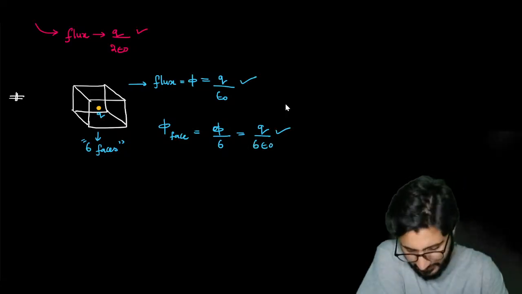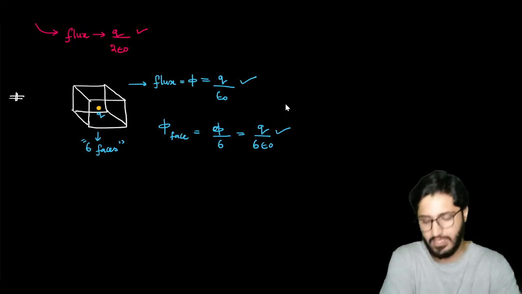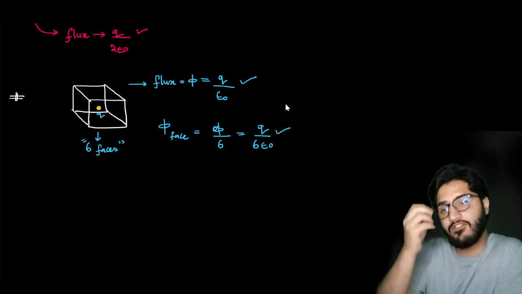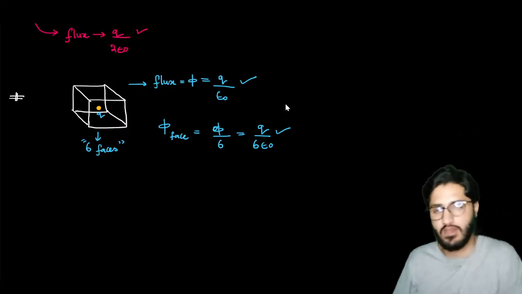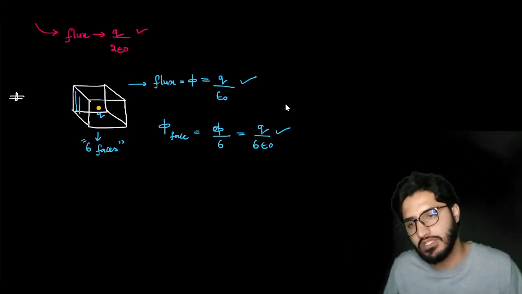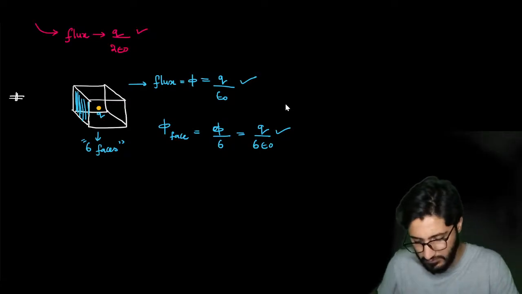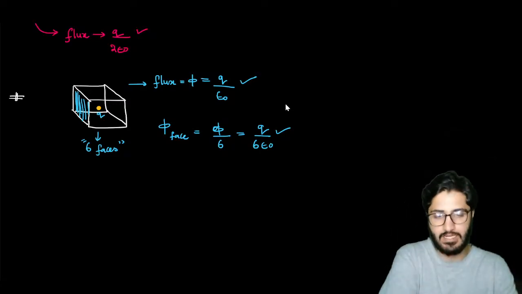My total flux divided by the number of faces gives the flux through each face. So the flux through this one shaded portion is Q by 6 epsilon naught. Done?